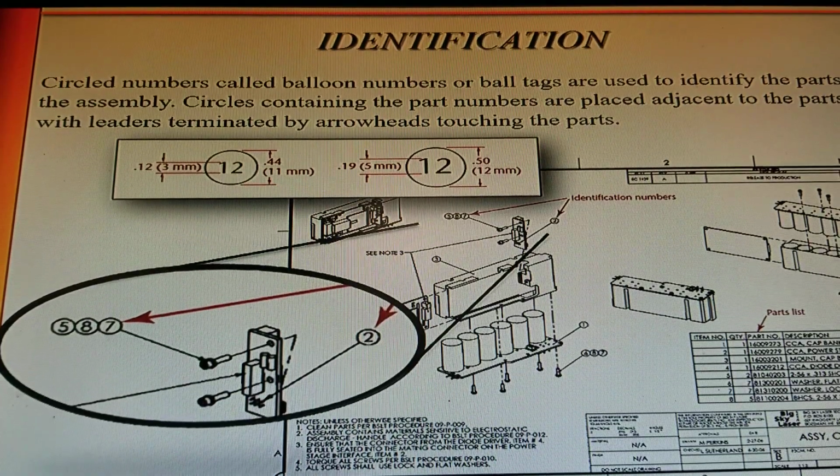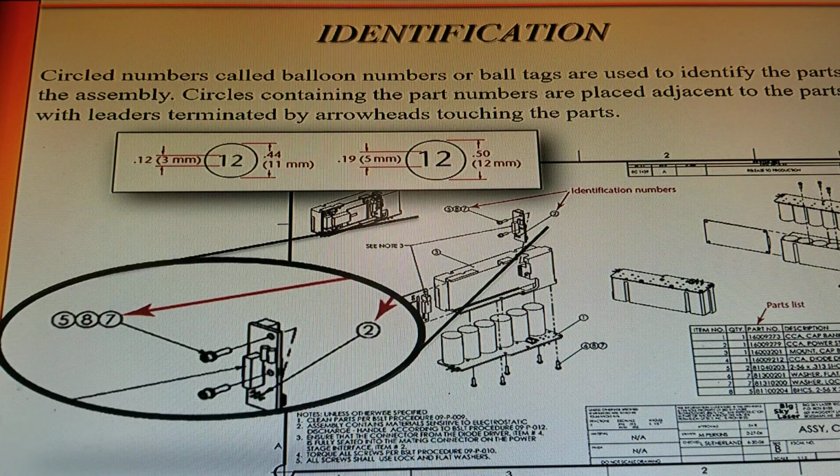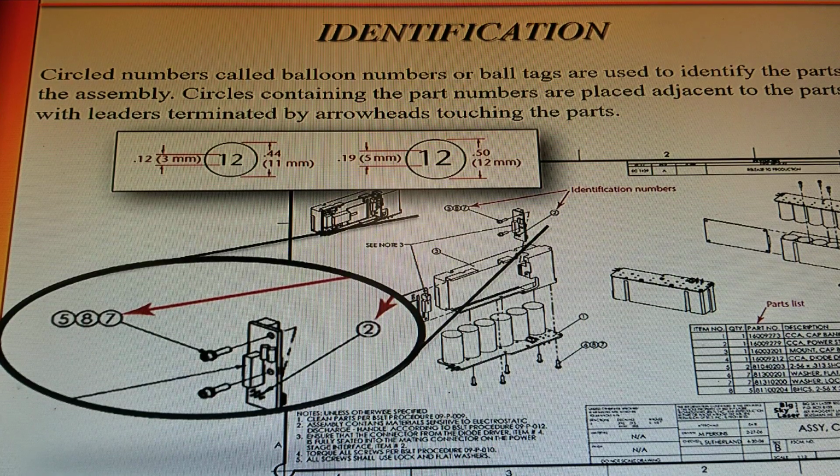Identification. These are your balloons. Circled numbers called balloon numbers or ball tags are used to identify the parts in the assembly. Circles containing the part numbers are placed adjacent to the parts with leaders terminated by arrowheads touching the parts.